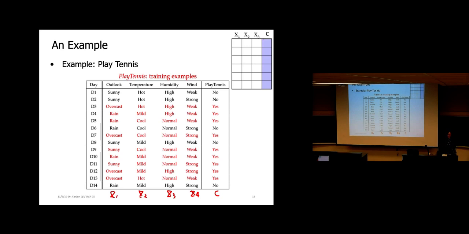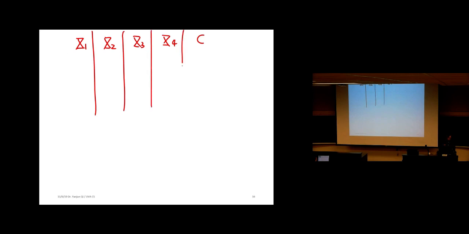Now look at your printout paper. I have x1, x2, x3, x4, and C, and they are all random discrete variables.